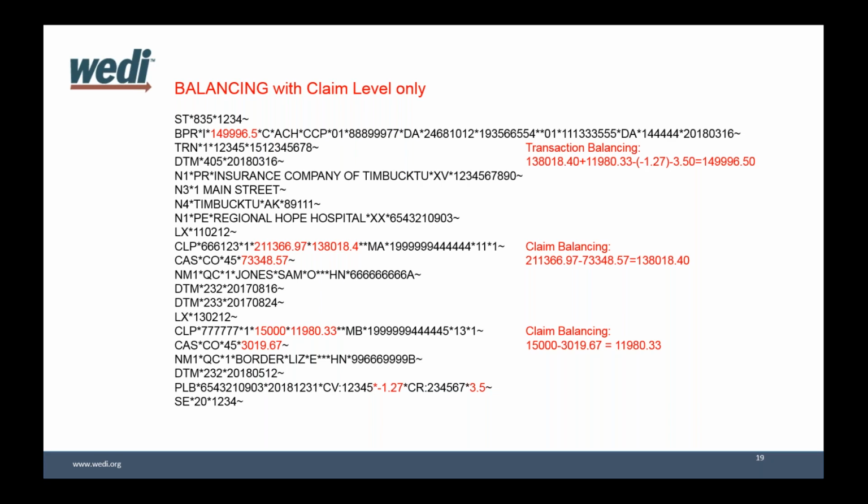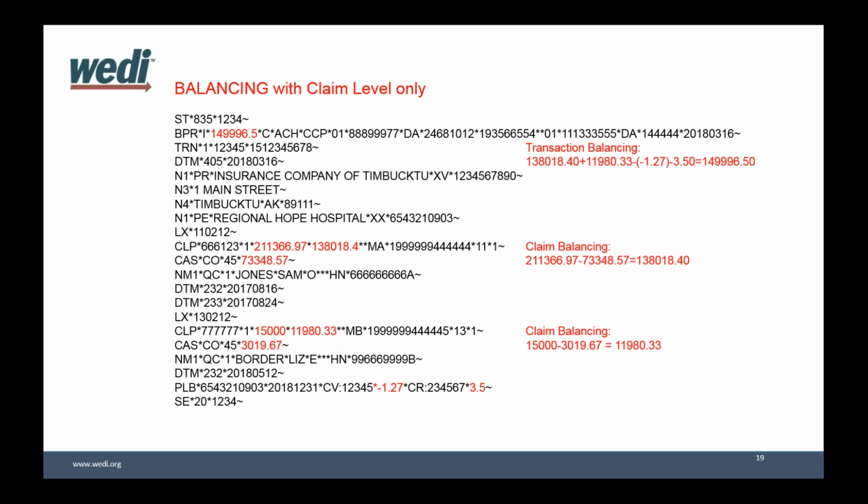And we go up to the next one, and we can see that we've got the $211,366.97 minus the $73,348.57, which is going to equal $138,018.40. So those two together, we're going to add those together up top.